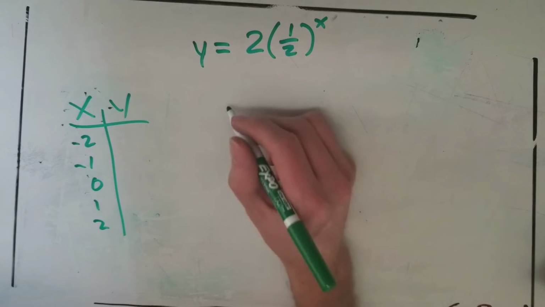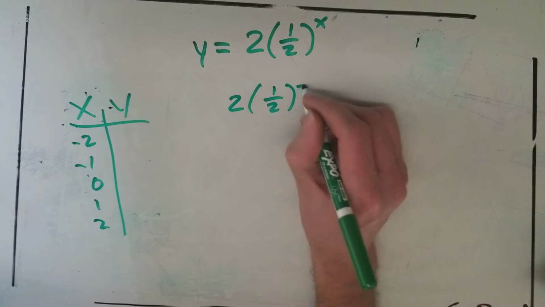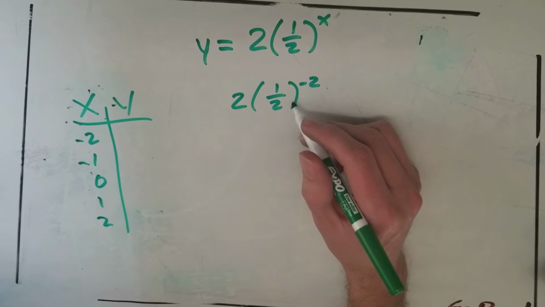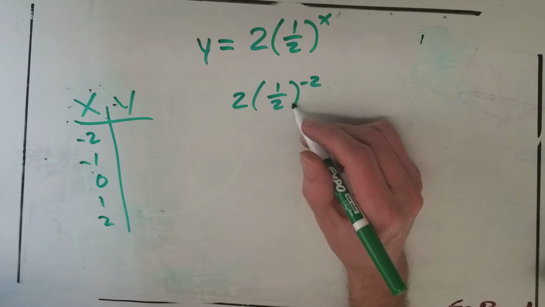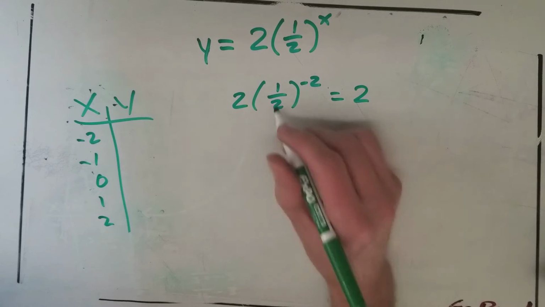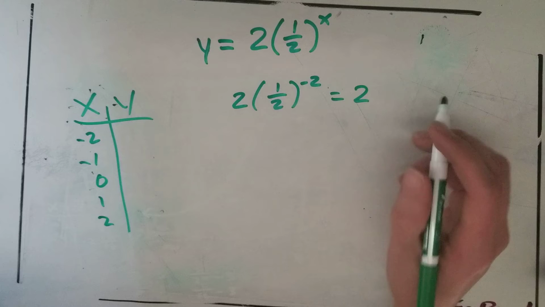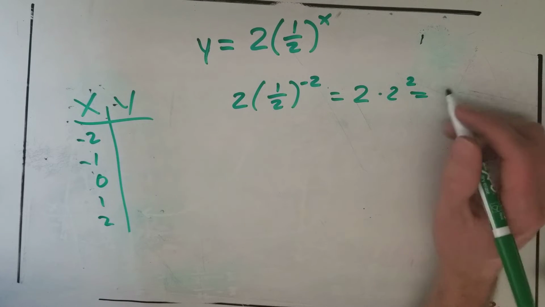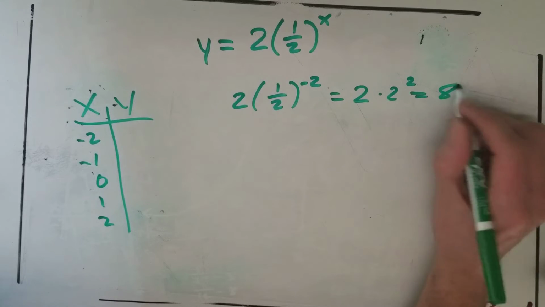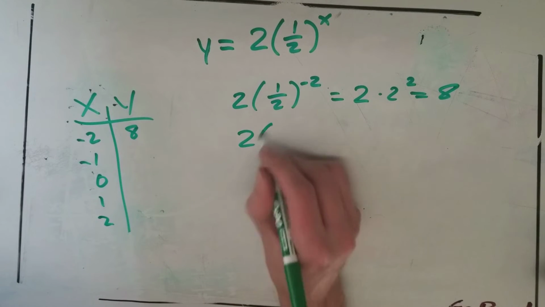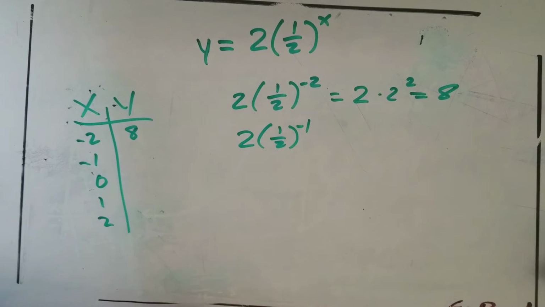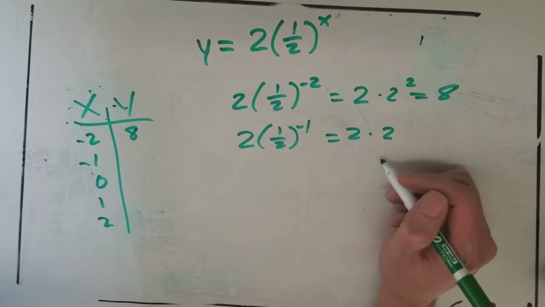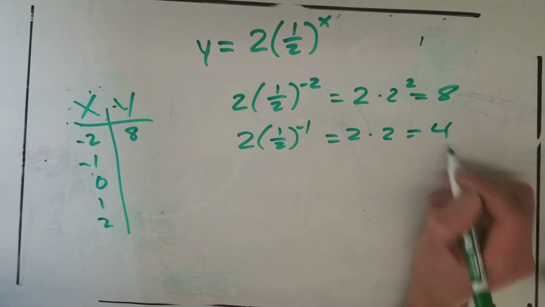So let's go ahead and substitute 2 times 1/2 to the negative 2. When we have 1/2 to the negative 2, the negative is going to take your reciprocal, so it's going to be 2 times 2 squared, which equals 2 times 4, which is 8. 2 times 1/2 to the negative 1, well, that's going to take your reciprocal. 2 times 2 to the 1, so 2 to the first power is 2. 2 times 2 is 4.